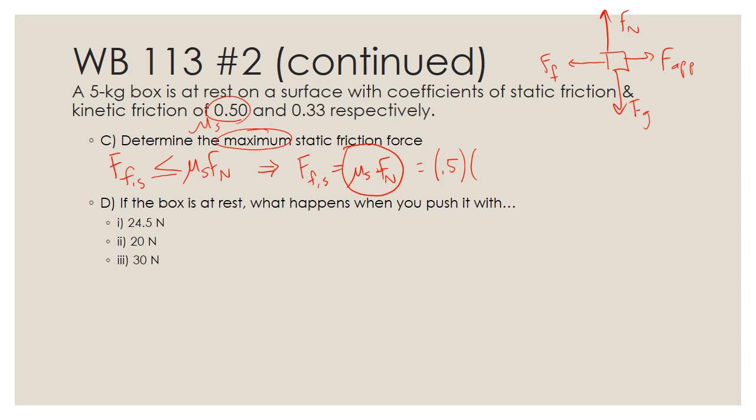So that's going to be m times g, which is 5 times 9.8, and then times that 0.5 for the coefficient. Comes out to be 24.5 newtons.